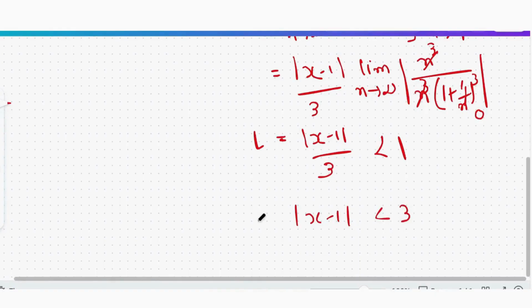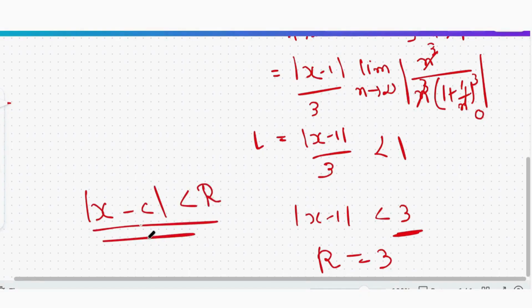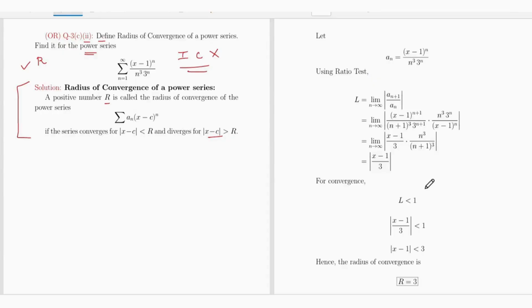As per the definition, this one is my radius of convergence R. So R is 3, because here we have mod x minus c less than R. Refer to the definition. So this is my radius of convergence R. This is the entire solution of this sum. You can refer to it.